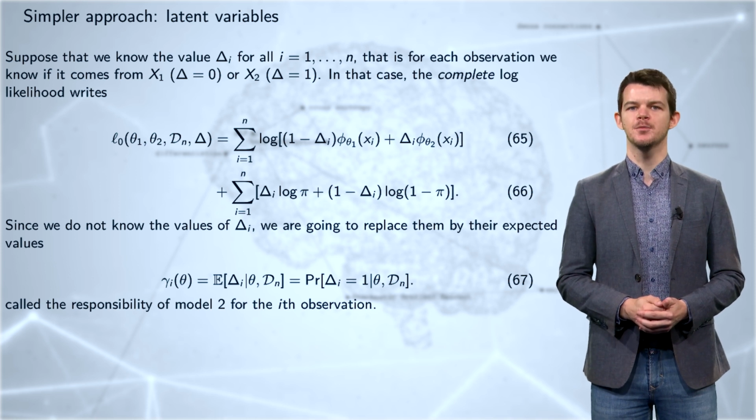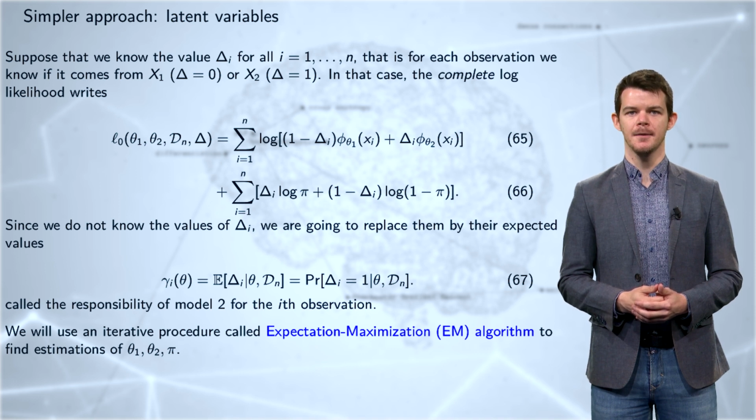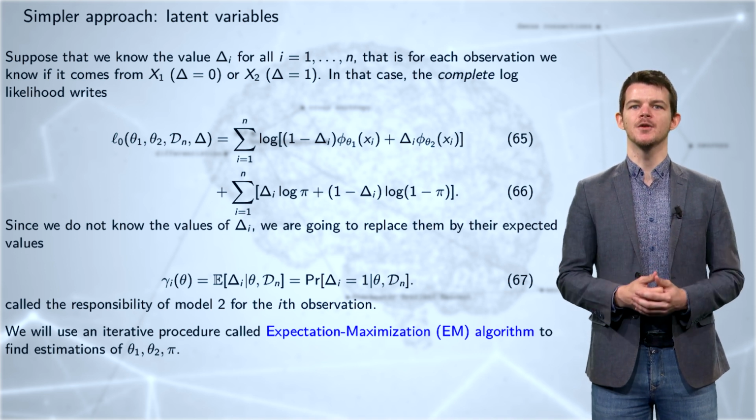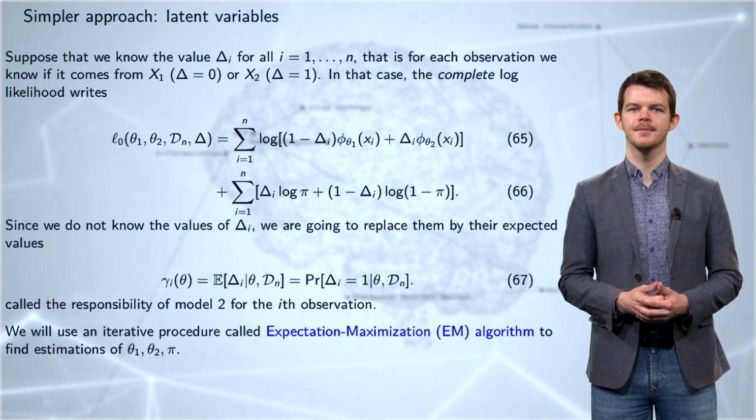Then we will solve this problem iteratively by maximizing the complete log likelihood along θ1, θ2, and pi. Then we will update the gamma I of theta and repeat the procedure. This algorithm is called an expectation maximization algorithm, since we iteratively compute expectations and maximize the resulting quantities.